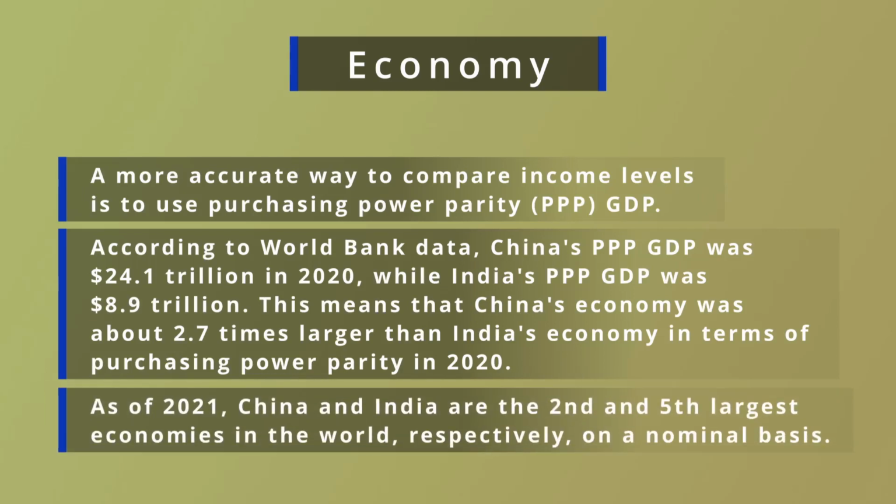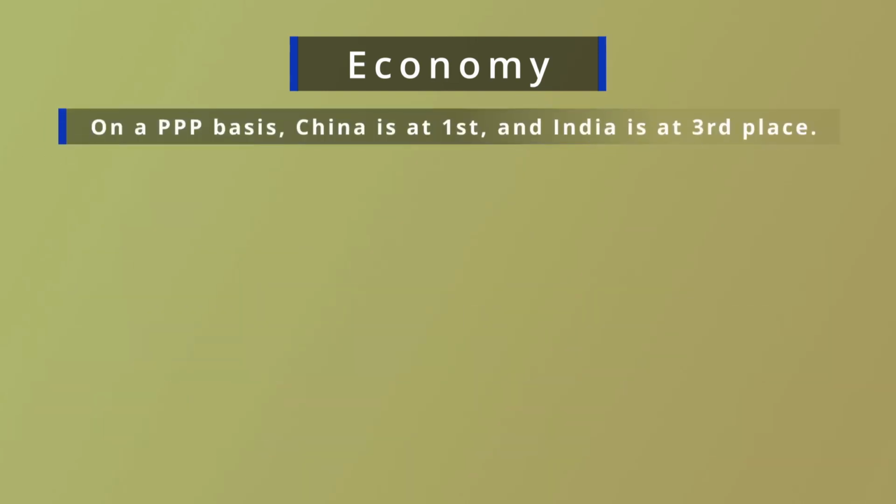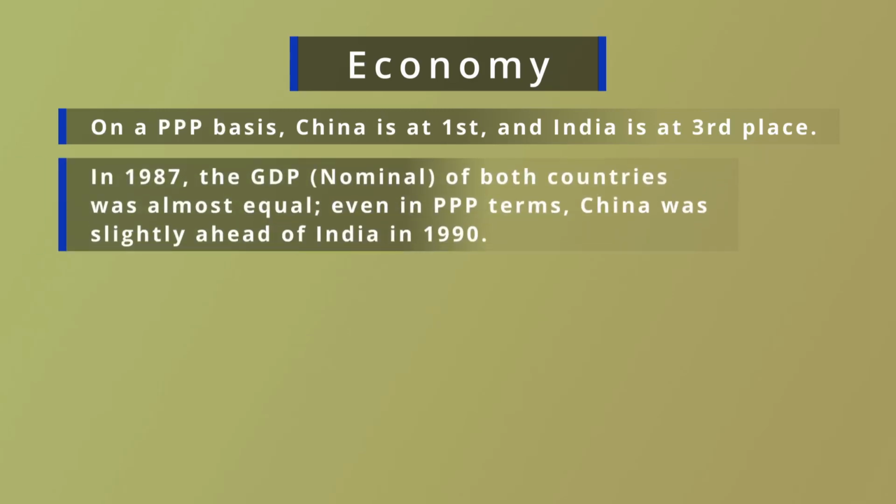As of 2021, China and India are the second and fifth largest economies in the world in respect of nominal GDP. But in respect of PPP GDP, the position of China is first, whereas the position of India is third.